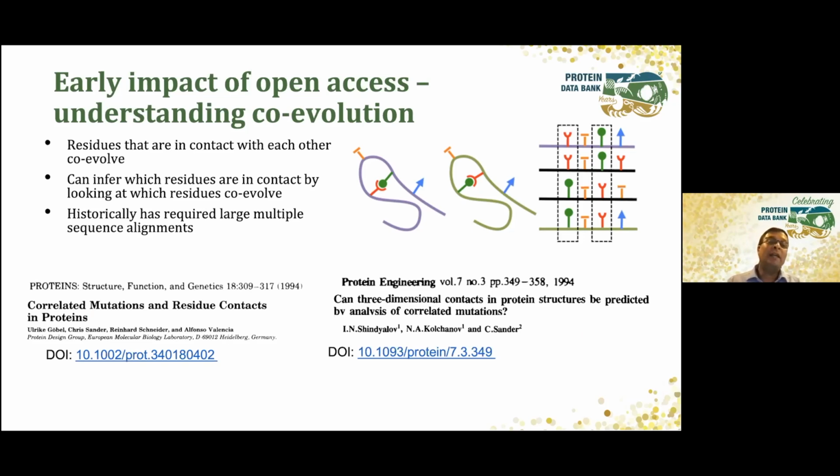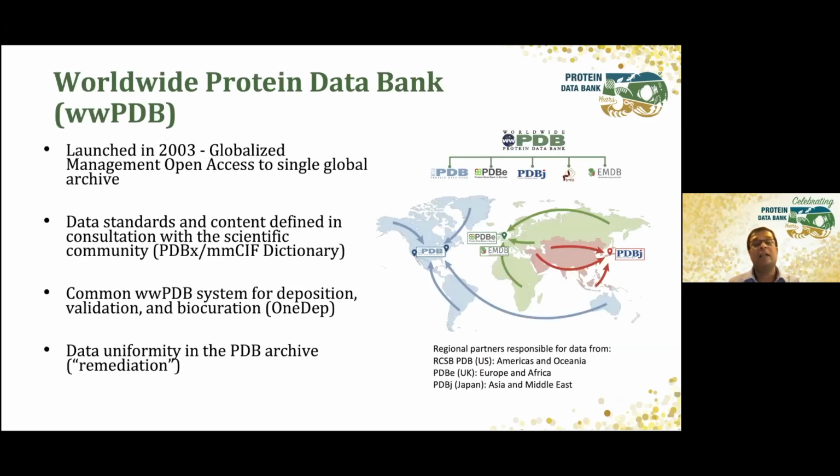And what that meant was that if we could derive information on coevolution, we could turn it around and say those residues are in contact, and we can predict structure based on that information. And this is just a couple of papers where this was first published, and this has played a great role in the AI developments that have happened recently.